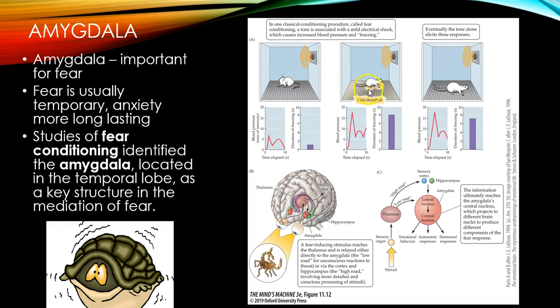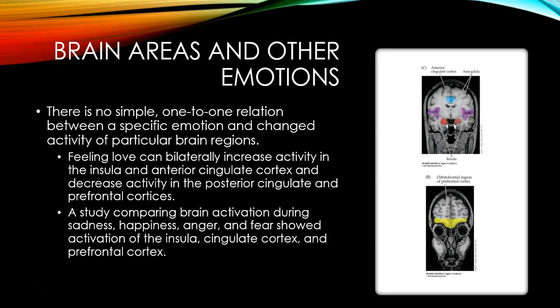And eventually, if you pair those two things enough, the sound and the shock, the sound and the shock, all the animal has to do is hear the sound and they start to get afraid because they're going to have the shock. Well, the amygdala appears to be an important brain area for establishing these types of fear responses, and the amygdala becomes really important in an animal or a person experiencing fear.